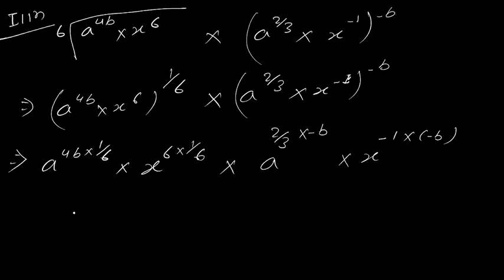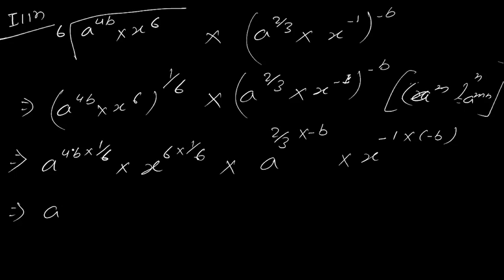Okay, so simply I have removed the bracket, and which formula has been used? (a to the power m) to the power n equals a to the power mn. This formula I have used. Okay, now you tell me what will be the resultant.